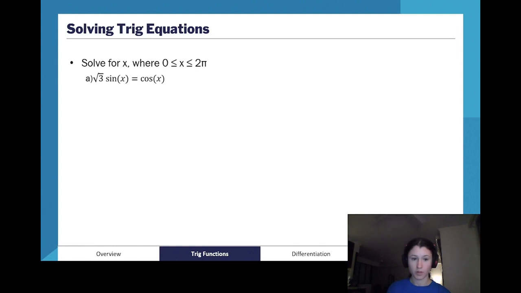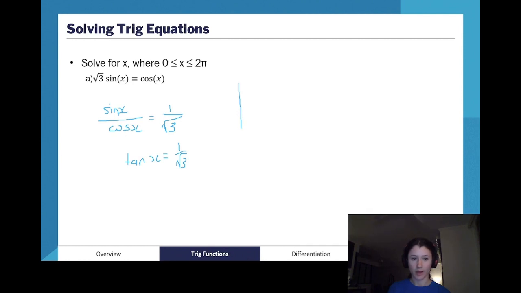So we are going to have sine x over cos x equals 1 over root 3, which gives us tan x equals 1 over root 3.